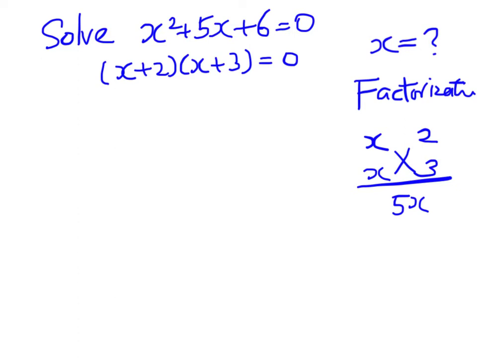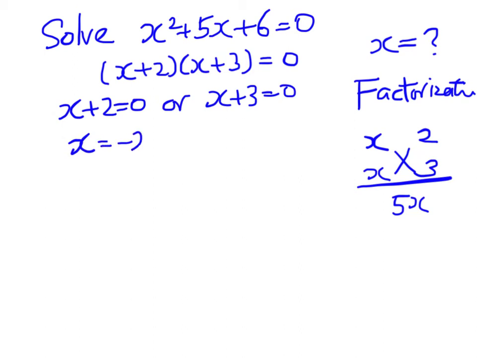We have to always factorize the left hand side or the right hand side first. Sometimes this expression can be on the right hand side of the equation. So we have a times b equals 0. Therefore we have either a equals 0 or b equals 0. Therefore x equals minus 2 or x equals minus 3.